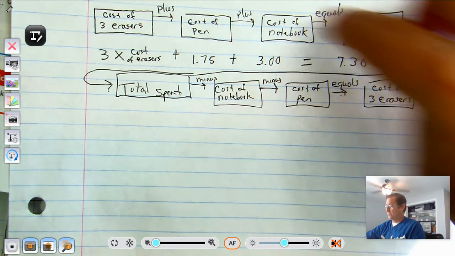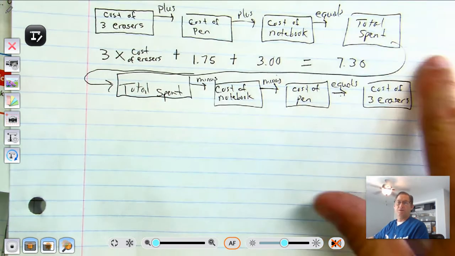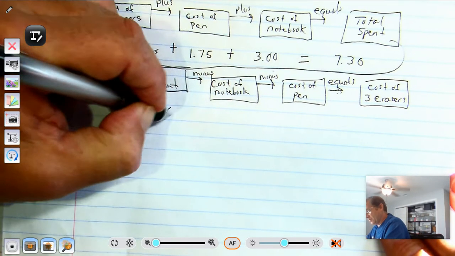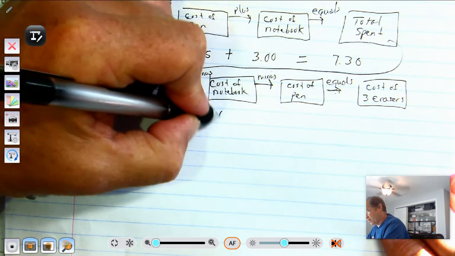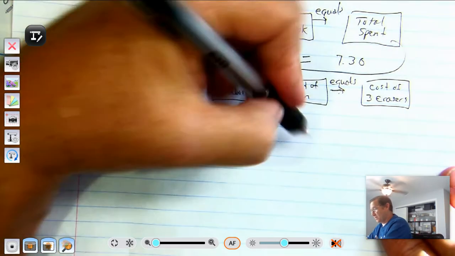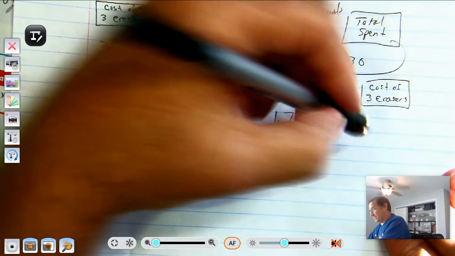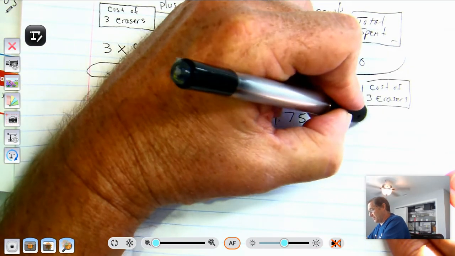Okay, so again, all we're doing is working backwards from our setup. So the total spent was $7.30. We're going to take away the $3 for the cost of the notebook. We're going to take away the cost of the pen, and that's going to give us the cost of 3 erasers.